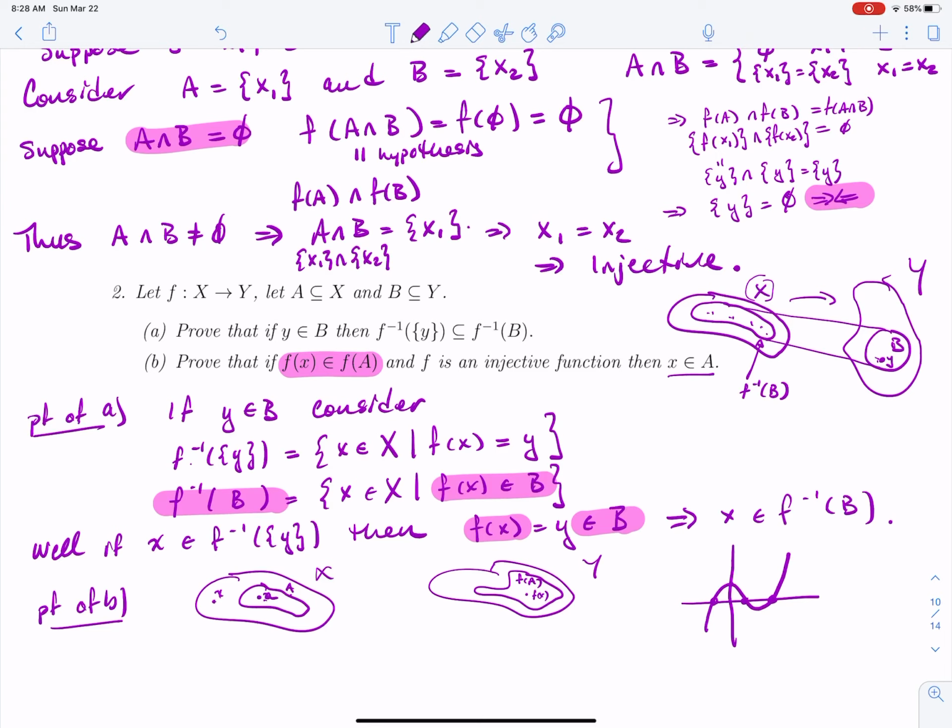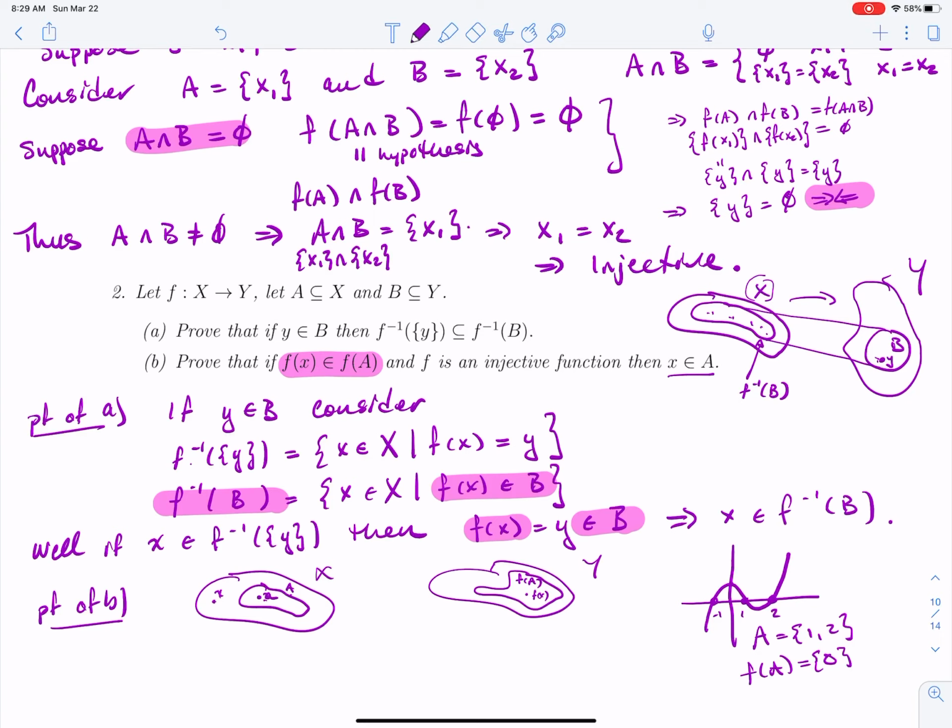Suppose this is -1, 1, and 2. So if I take A to just be the set {1, 2}, I know that f of A is going to be just the set {0}, because those guys map to 0.